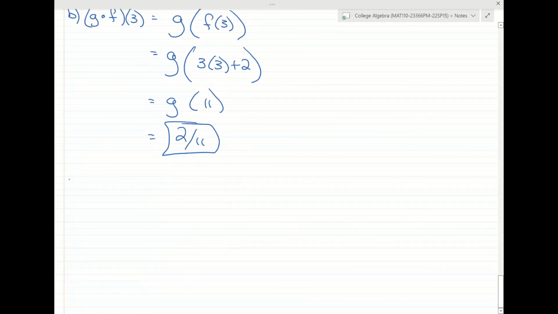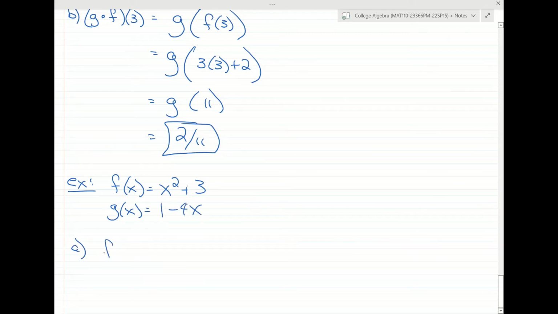What about a slightly different problem? If I told you f of x was x squared plus 3, and g of x is equal to 1 minus 4x, let's find f of g of x.